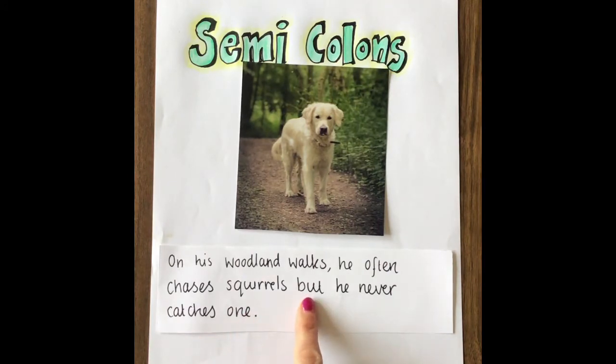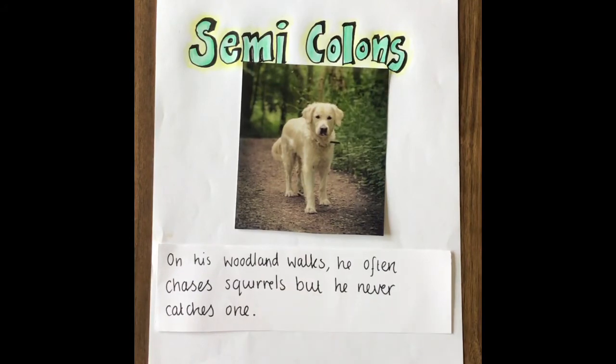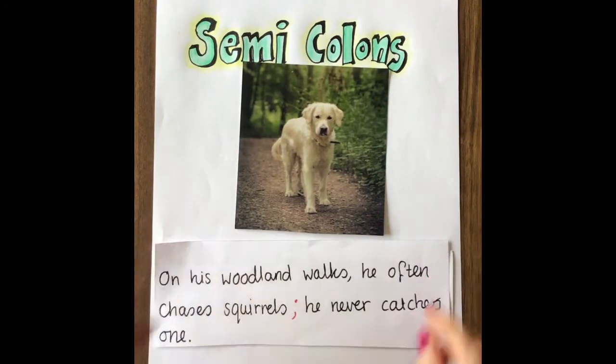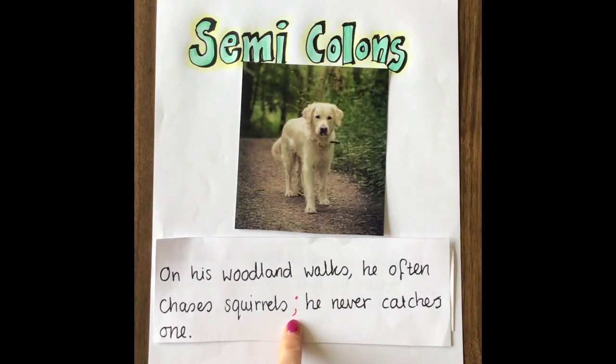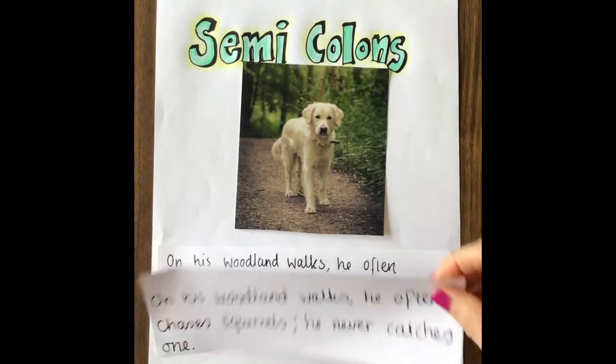Hopefully you spotted that but was the conjunction and we could actually take that out. Like in this example here. On his woodland walks, he often chases squirrels; he never catches one. Both are linked to Barney chasing squirrels. So we can use a semicolon instead of the conjunction here.